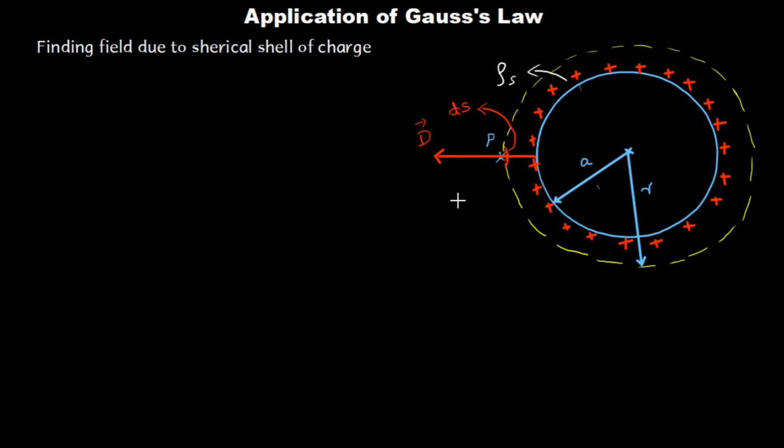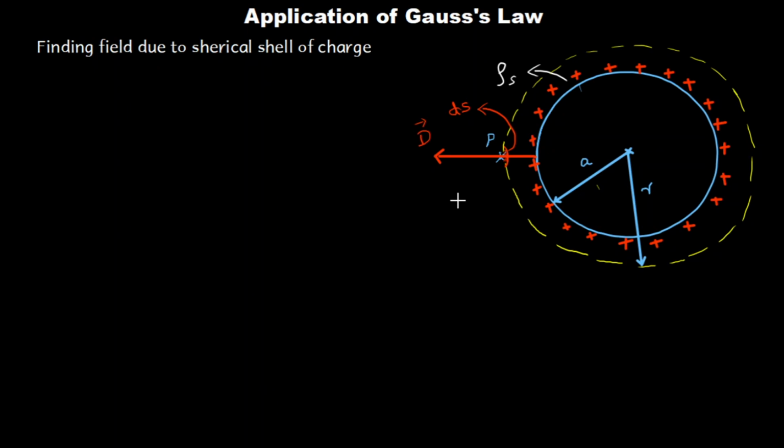Now the thing to remember is, you have considered a spherical shell of charge where the charge is distributed only on the surface of the sphere. That's why it is known as shell of charge. Hope that is very clear. Then we need to identify a point, which is our case 1, because the point can be anywhere inside the sphere or on the sphere or outside the sphere.